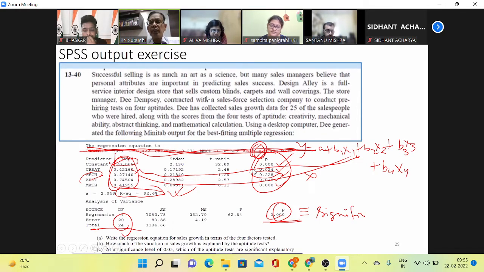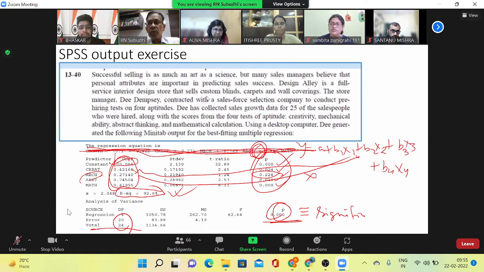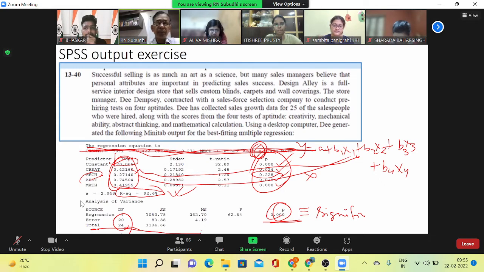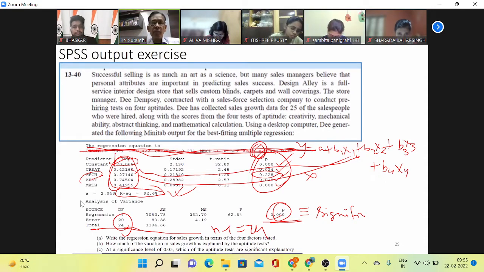So in this question, what is n? Is it mentioned in the question? Sarada, what is n? 25, sir. So the total degree of freedom is n minus 1, equal to 24. All of you write it down.